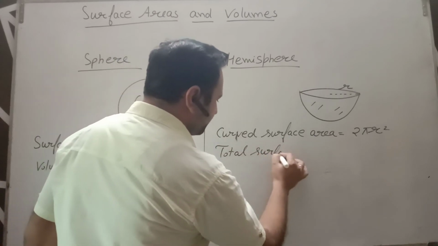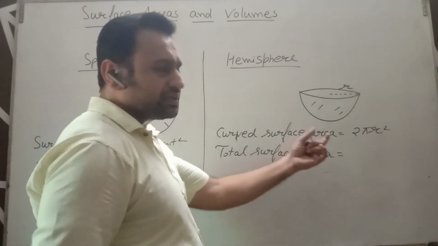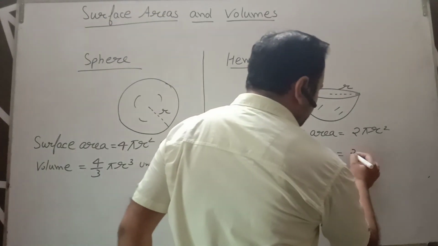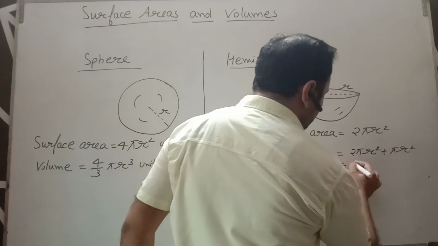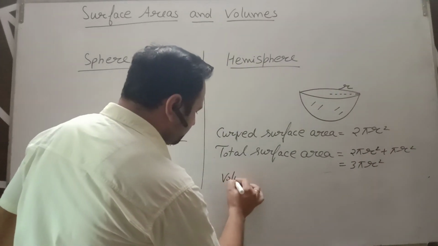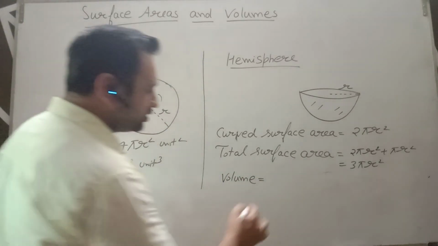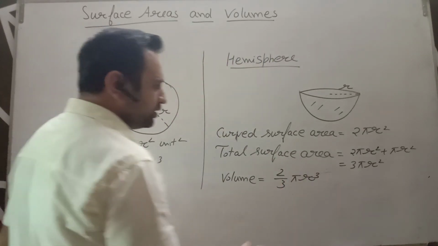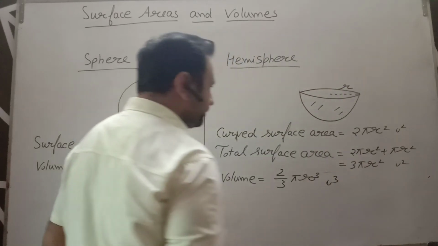Total surface area is when the area of this circle is included. So 2 pi r square plus pi r square, so its area is 3 pi r square. Its volume is obviously half of the sphere's volume, that is 2 by 3 pi r cube. Unit square or unit to the power 3.